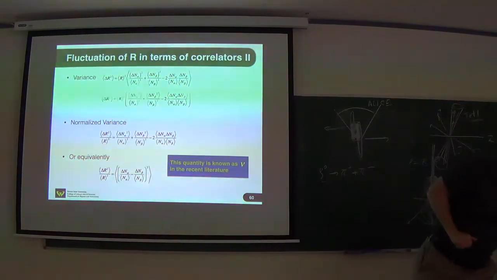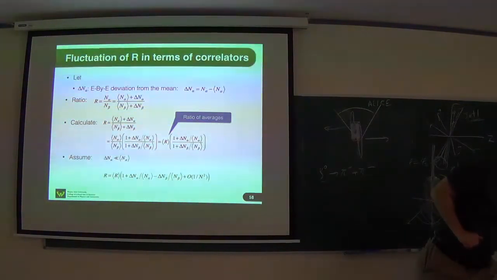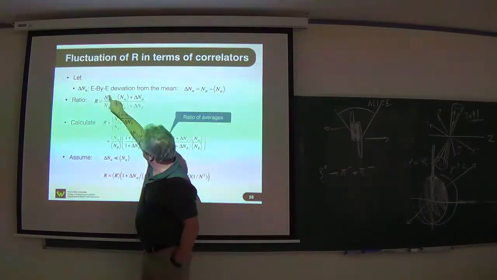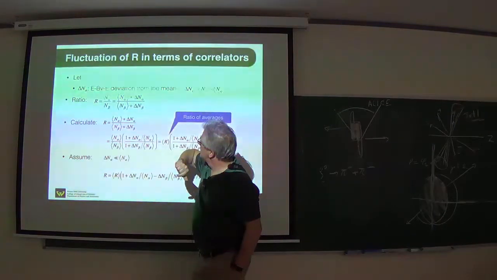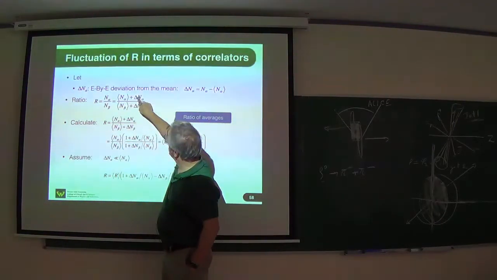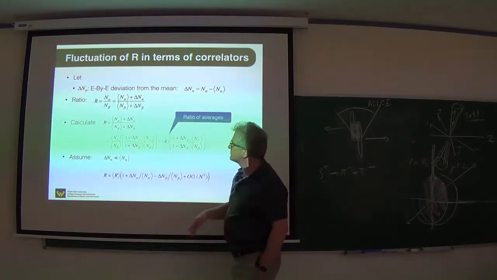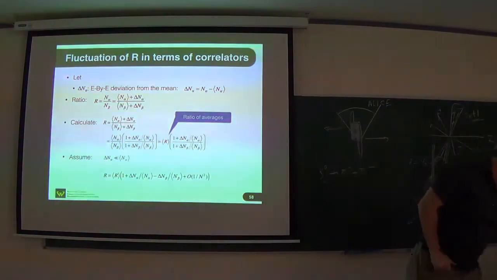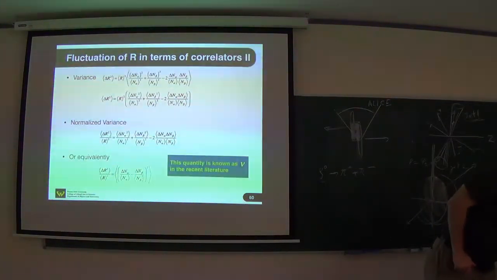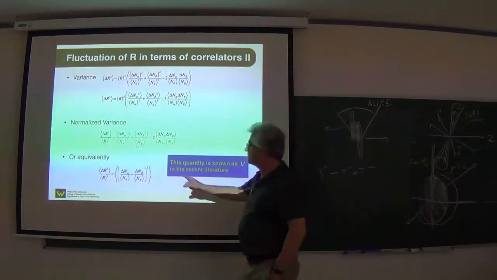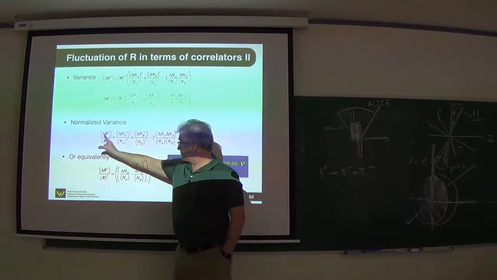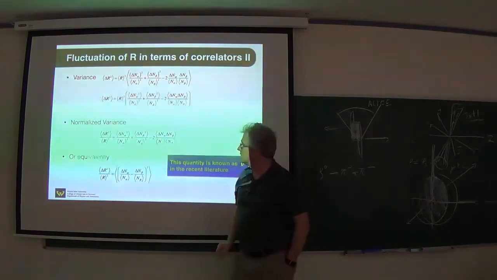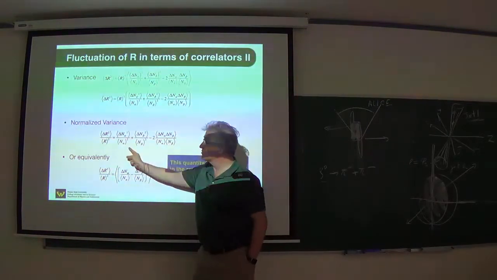What I did, let me try. So, what I said is I have a ratio of the number of pluses to the number of minuses. I can look at the average value plus some fluctuations. When I propagate all of this, calculate the variance of this ratio, going to the punchline and looking at the dispersion of variance of this ratio divided by the value of the ratio itself, I get this expression.